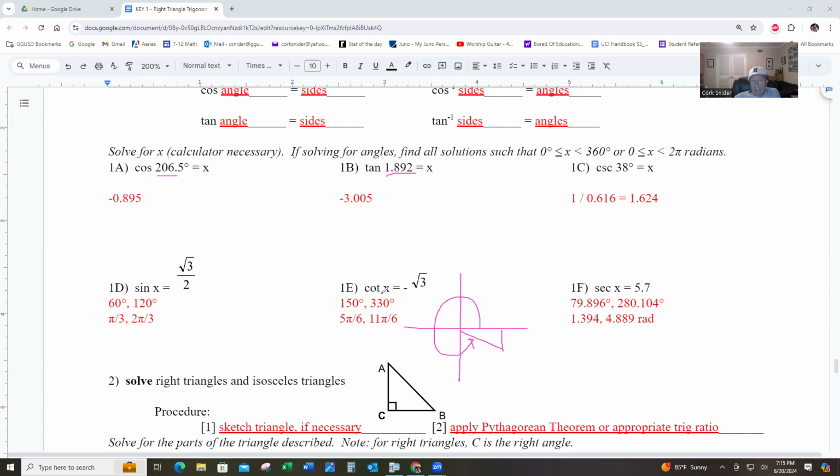Now the tangent is negative in the fourth quadrant down here. And it's also negative in the second quadrant. And the reason is because tangent or cotangent is y over x or x over y. So if they're both positive, like in quadrant 1, then the tangent or the cotangent will be positive. Or when the sine and the cosine are both negative, then it's also going to be positive.